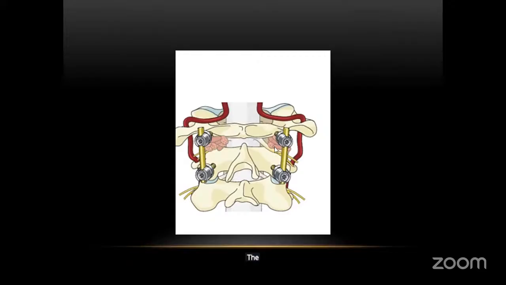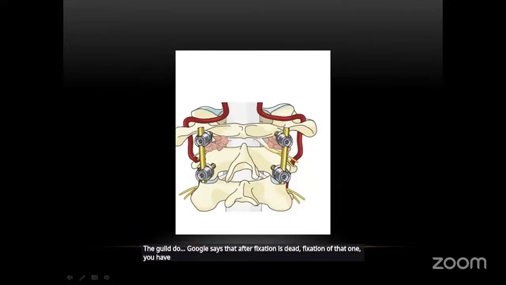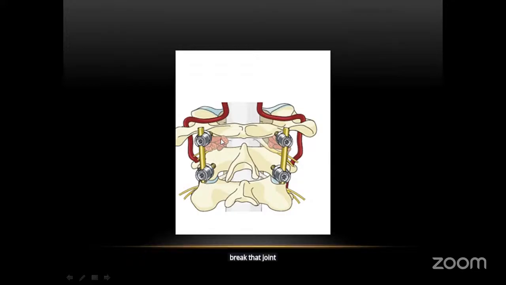Goel says that after fixation, you have to break these joints, the transarticular joints, the facet joints. Break that joint after fixation and put a spacer there. The spacer could be artificial, or an autograft, a bone.